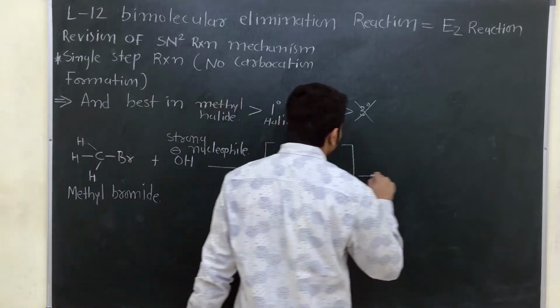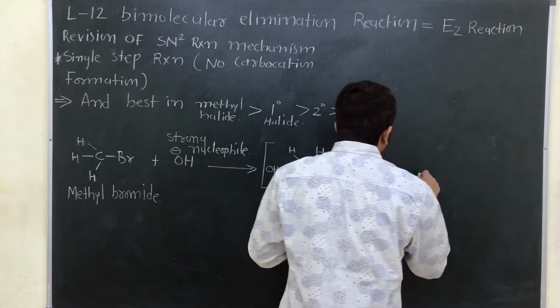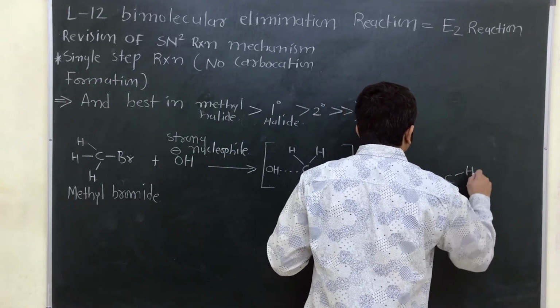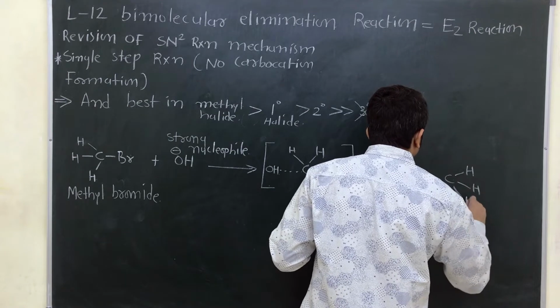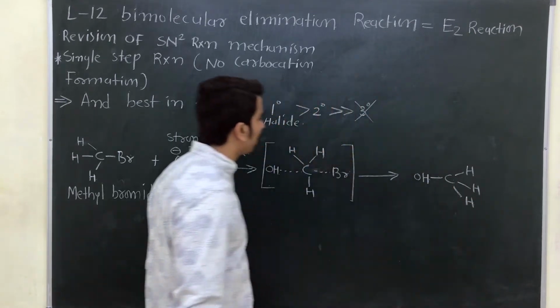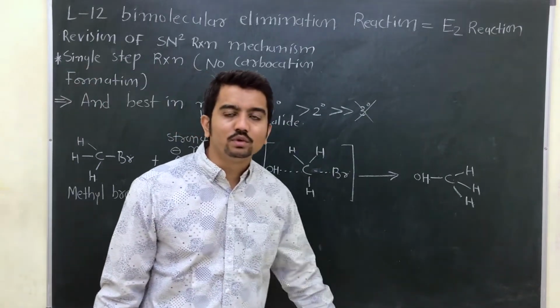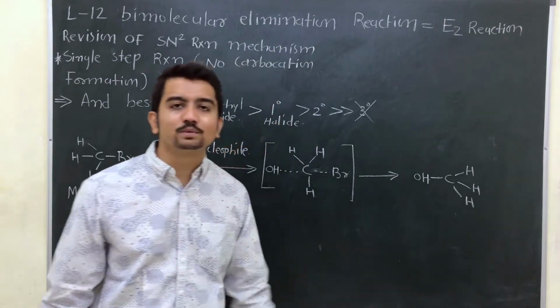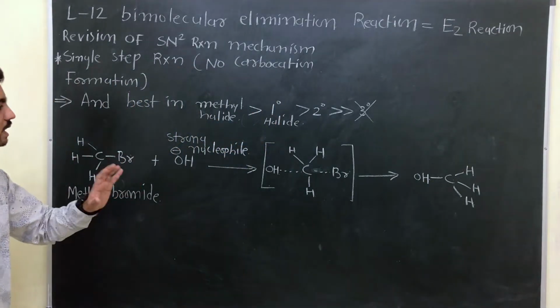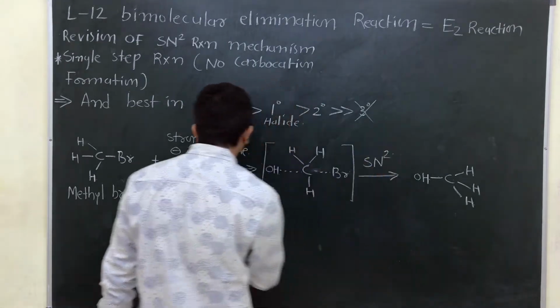Complex intermediate, and then the leaving group is released, and methyl alcohol is formed, which is inverted compared to the substrate. So that is known as the SN2 reaction mechanism.